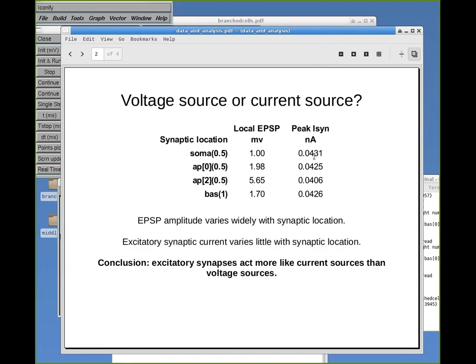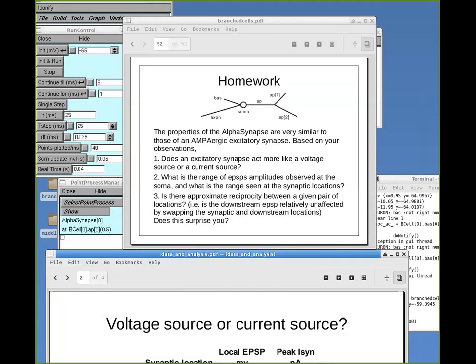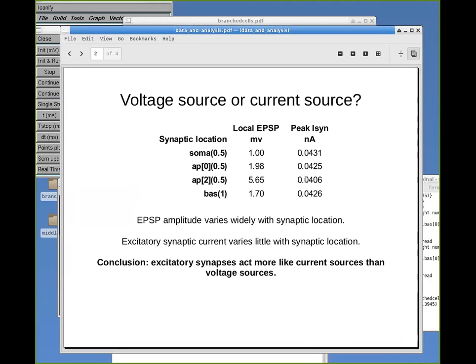And the driving force at that point we could calculate, and we'd find that it would account for most of this drop. All right, so even though the input impedance is huge, we're only getting a relatively small reduction of driving force, but that's enough to reduce the synaptic current.